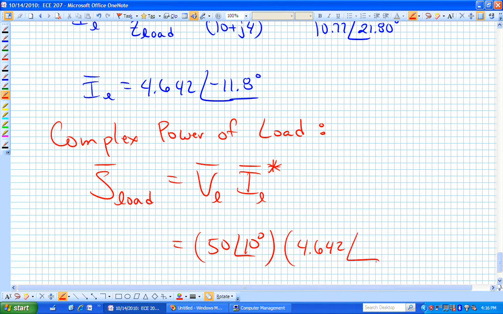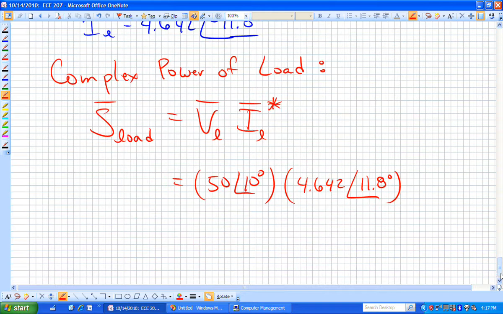What's my angle in this product? It's either the conjugate of minus 11.8 or it's just the negative of that, which is 11.8 degrees.